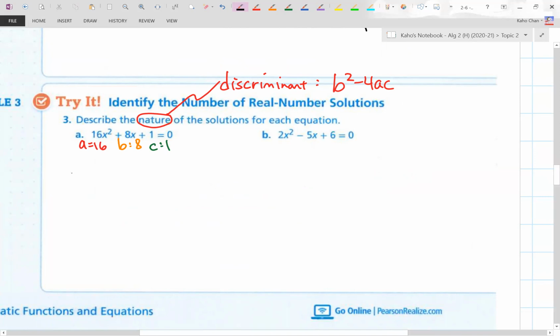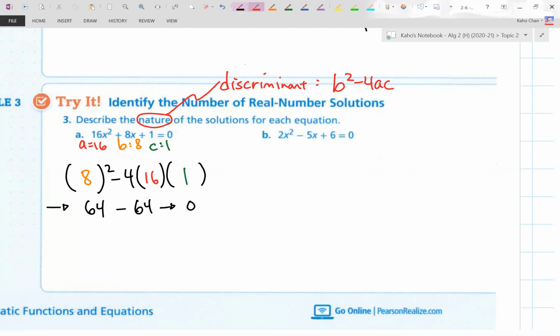B squared minus 4ac. Plug the numbers in and let's see what we get. Okay. 8 squared is 64. It's like doing the radical, kind of a thing. 4 times 16 is 64. Oh, interesting. 64 minus 64 is 0.